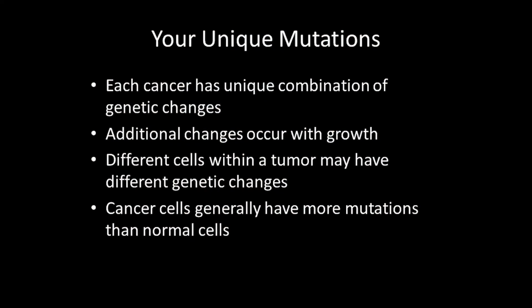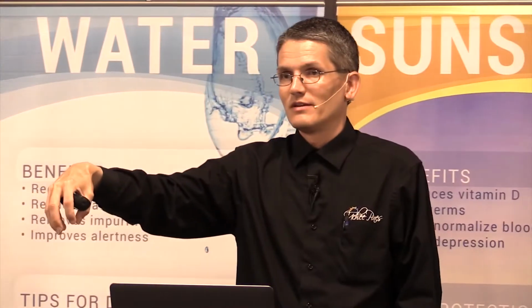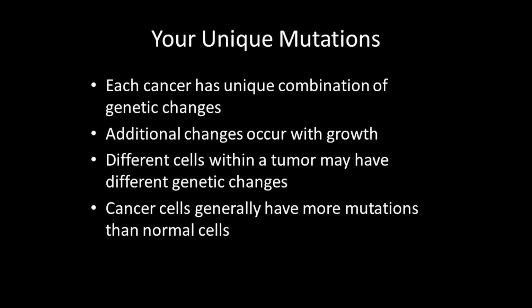And different cells within the same tumor might have different genetic changes. These cells might have certain mutations, and these cells here might have other mutations, but they're all part of the same tumor that developed in the same region. The cancer cells generally have more mutations than normal cells do.